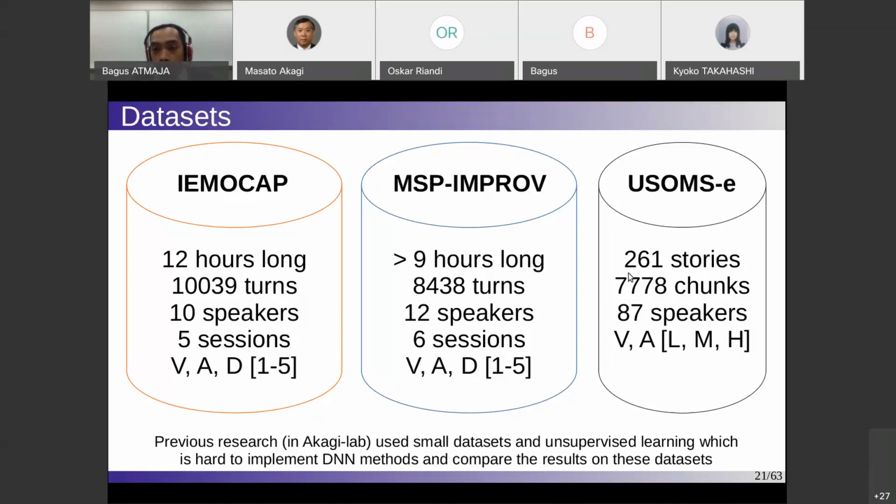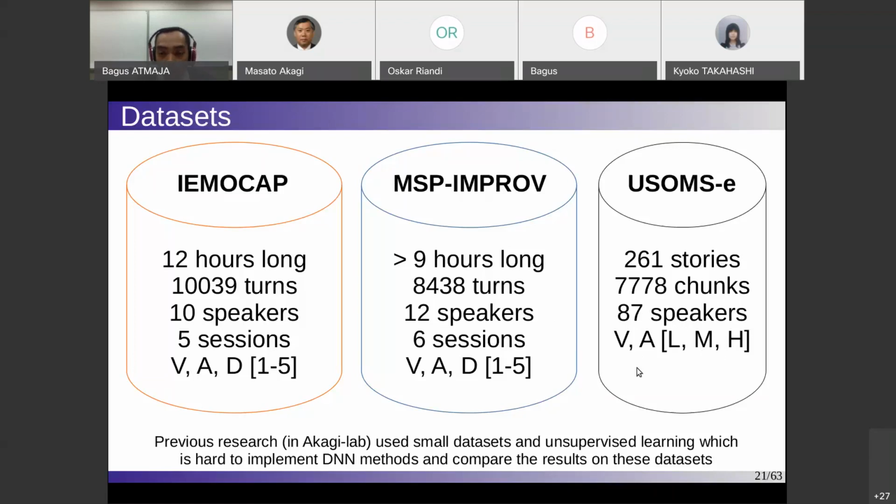For example, resulting in more than 7,000 chunks or audio files. And this dataset has a large number of speakers, in this case 87 speakers, on elderly people in Germany, and the labels are given in valence and arousal, but in categorical form. So L here is low, M is medium, H is high.